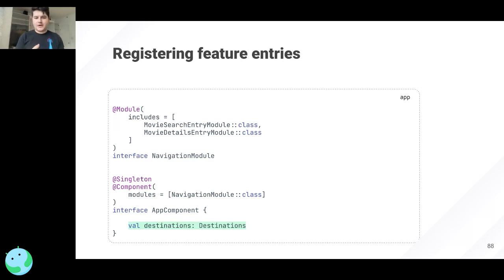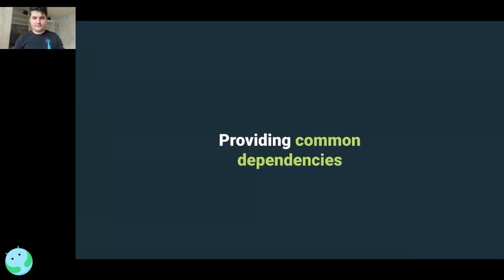If you remember, we identified destinations earlier, which is a type alias for a simple hash map, where the key is the class of the feature entry, and the value is the actual instance of the feature entry. This way we can provide this instance, and we can navigate to some feature.